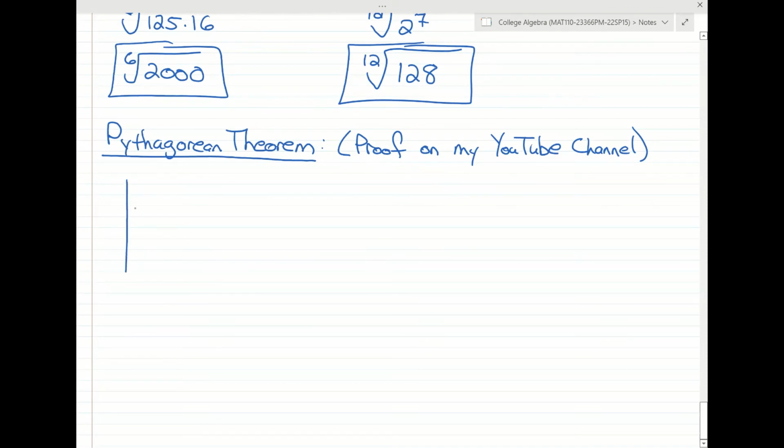But the Pythagorean theorem says if we have a right triangle with sides A, B, and C, the Pythagorean theorem would say that A squared plus B squared is equal to C squared.